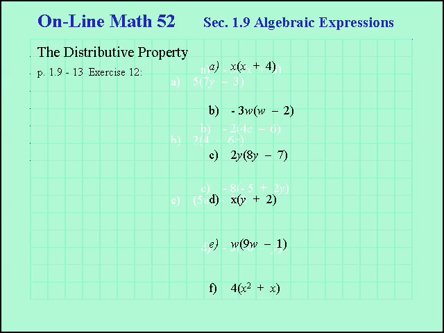Okay. Exercise 12. This time, what's different is we're distributing through a variable. Here's a variable term, negative 3w and negative 2y. That variable is going to multiply through to each of these. It's not a number by itself anymore, not a constant, except for the last one here. That's a 4 times x squared and 4 times x.